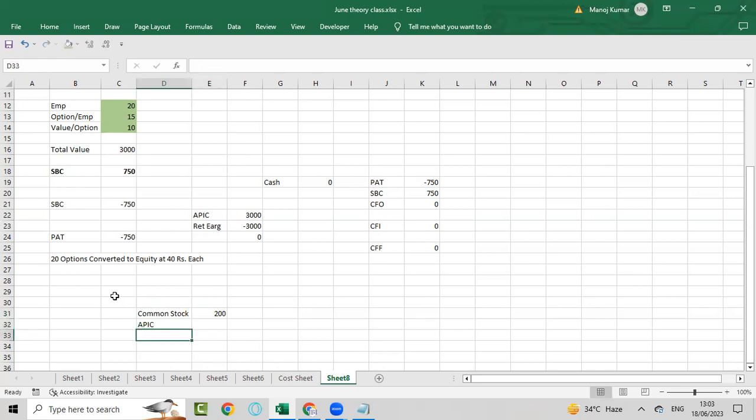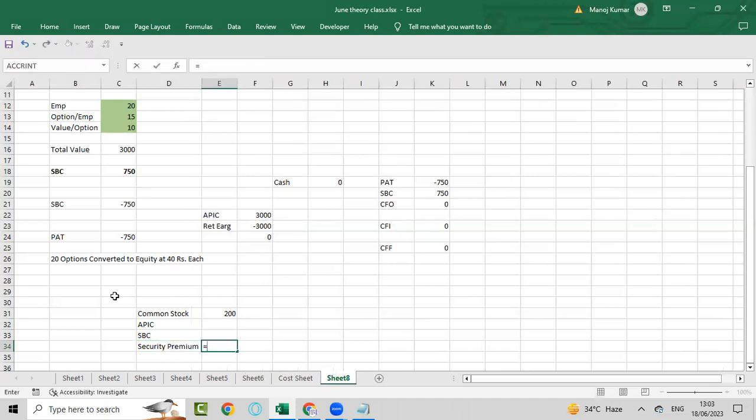In additional paid in capital, we have 2 items. One is SBC. Another is security premium, right? So how much is security premium? 20 into 30. Clear? Now in SBC, how much was it earlier? 3000. So this 200 I will deduct from SBC. Clear or not?